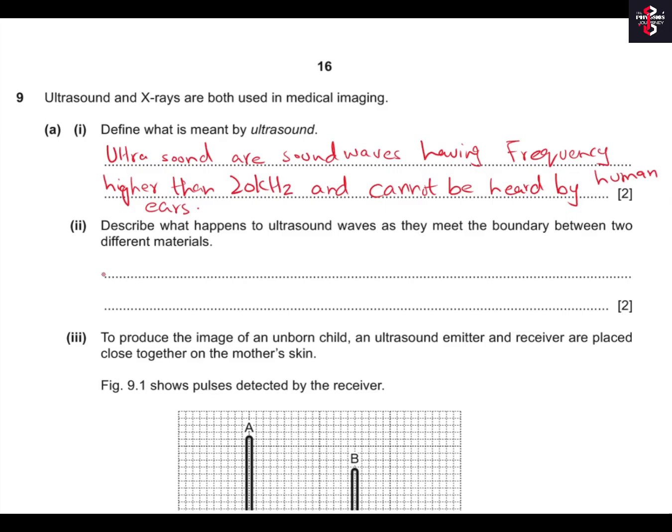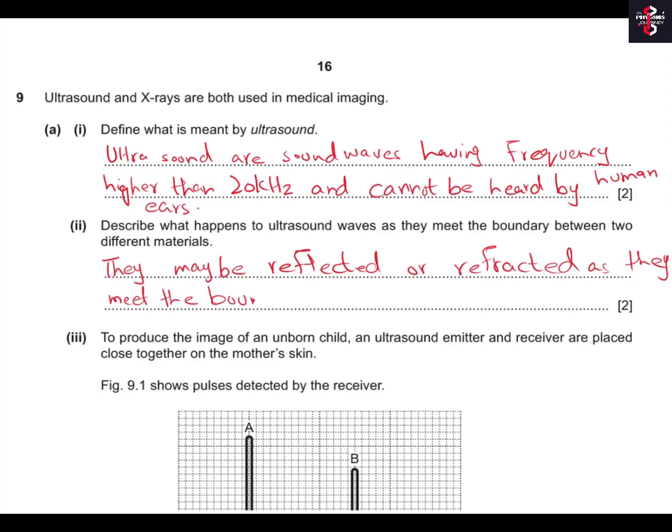Some of the energy is also absorbed by the material.